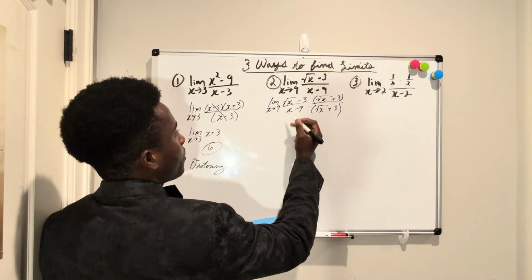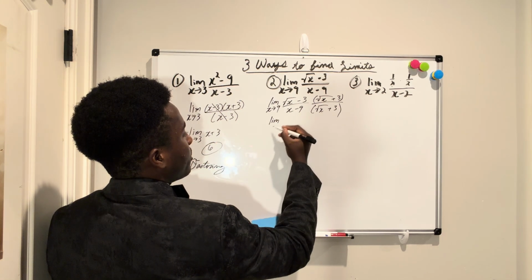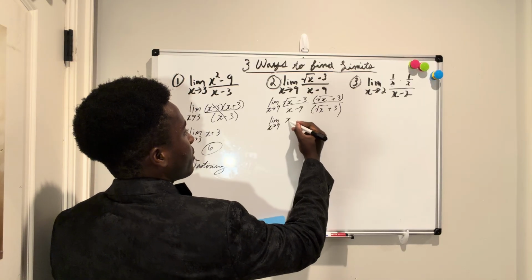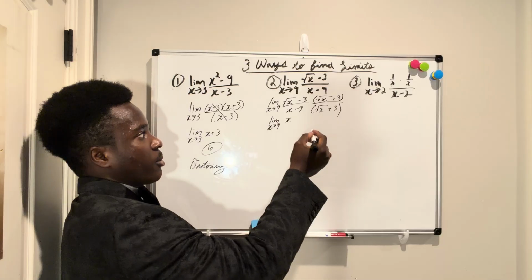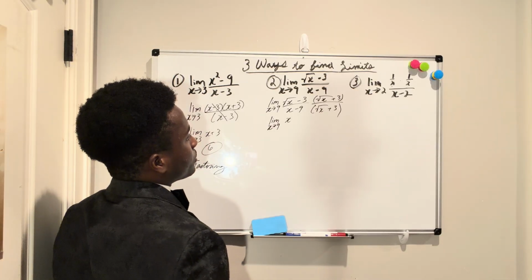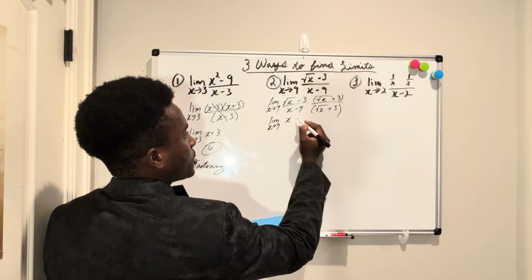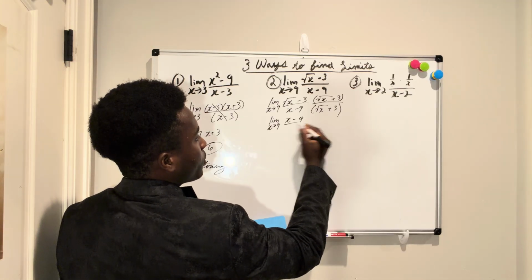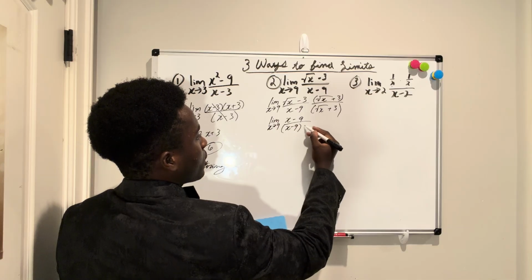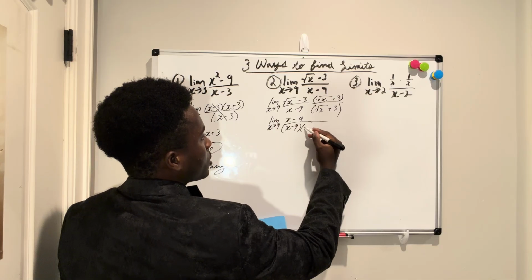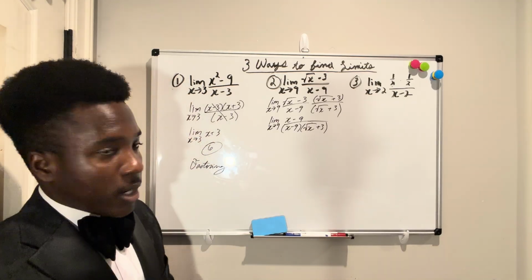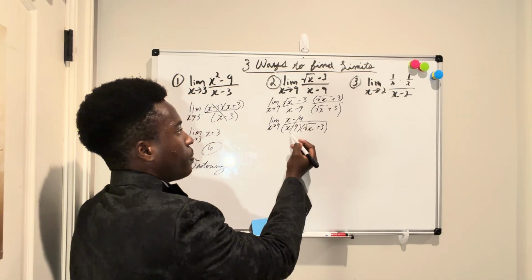And so now, when we rewrite it, limit as x approaches 9, we will actually have x, because the square root times the square root equals the value that's inside. We'll just have x minus 9 over x minus 9, the original denominator, times parentheses, square root of x plus 3. And so right here, we see that we can cancel these out.